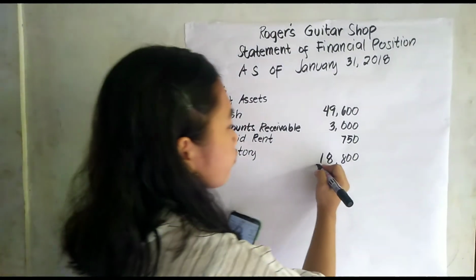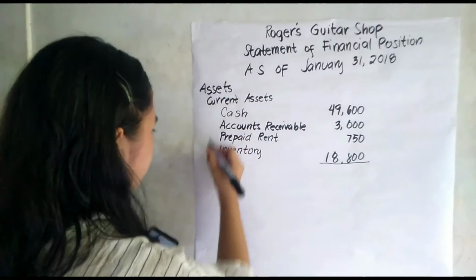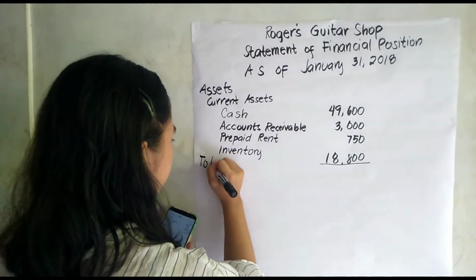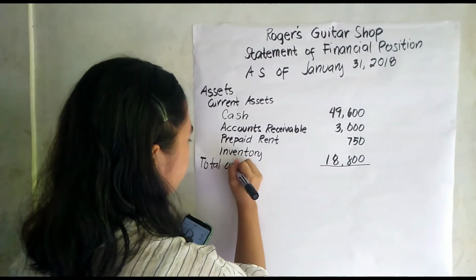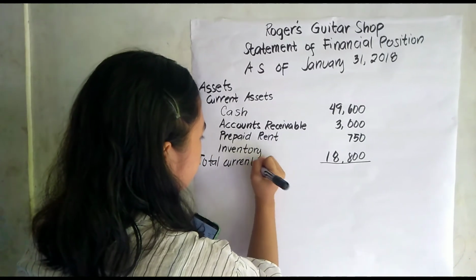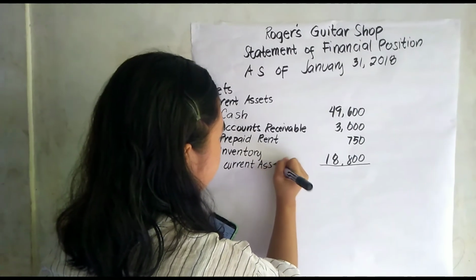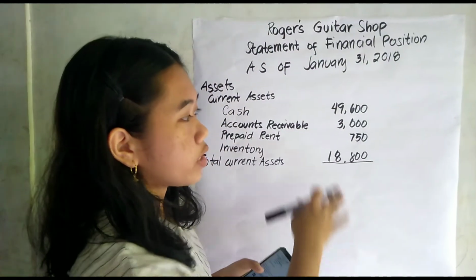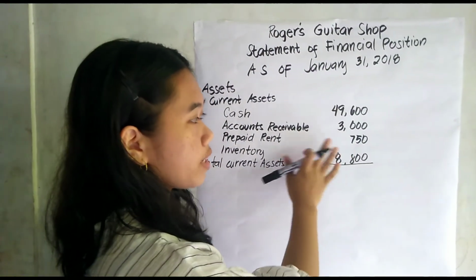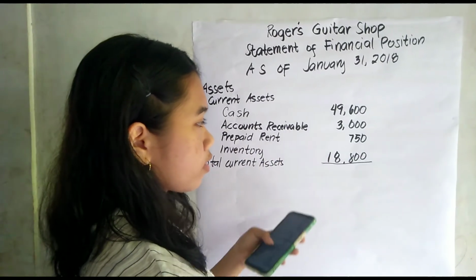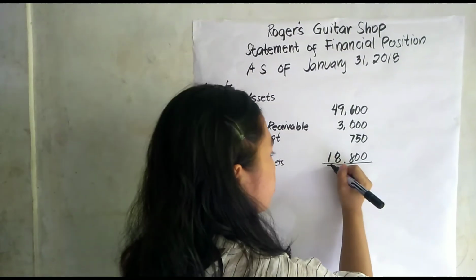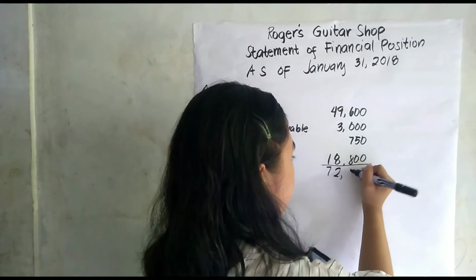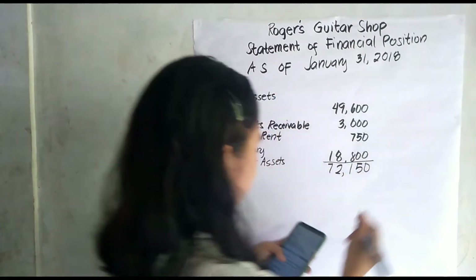Next is we have to add them. $49,600 plus 3,000 plus 750 plus 18,800 is equal to 72,150.